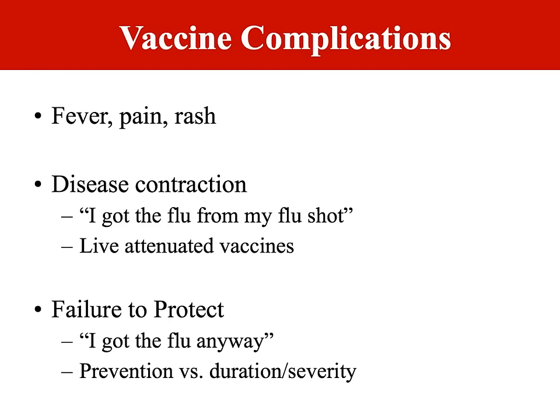Okay, so I want to talk briefly about vaccine complications. By and large, the overwhelming majority of the side effects from vaccinations are low-grade fever and injection site pain. Something that I hadn't mentioned as yet is the concept called adjuvancy.